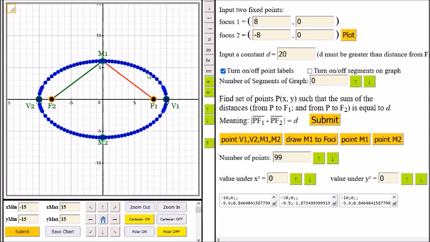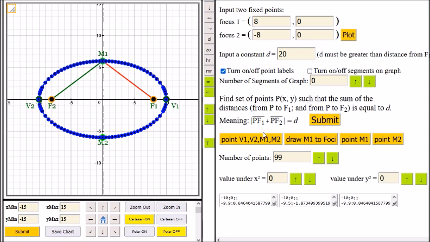And now we connect all of these points together, then we have an ellipse. And so that's how the ellipse is generated. So first, pick any two fixed points horizontally aligned. In this case, we picked F1 and F2. And then next, pick a constant that is greater than the distance between F1 and F2.